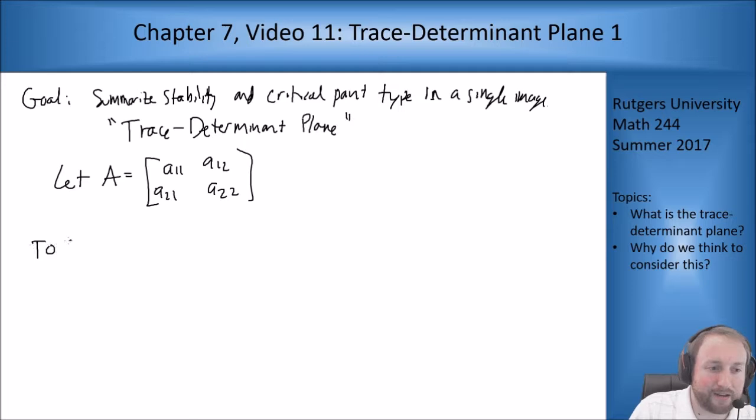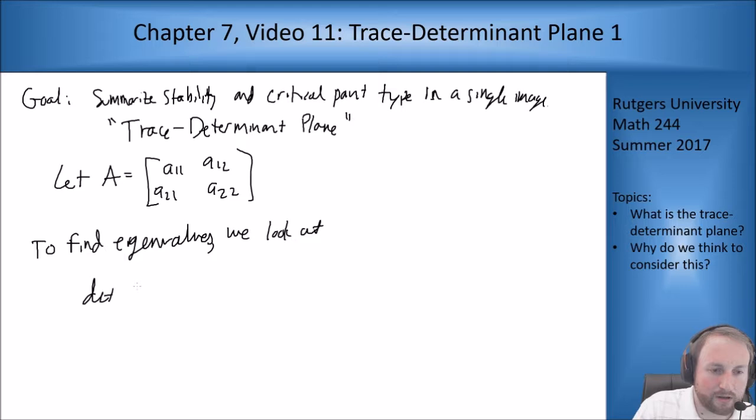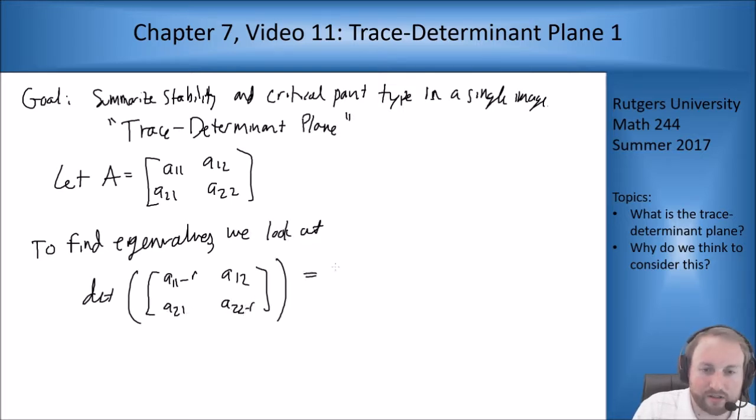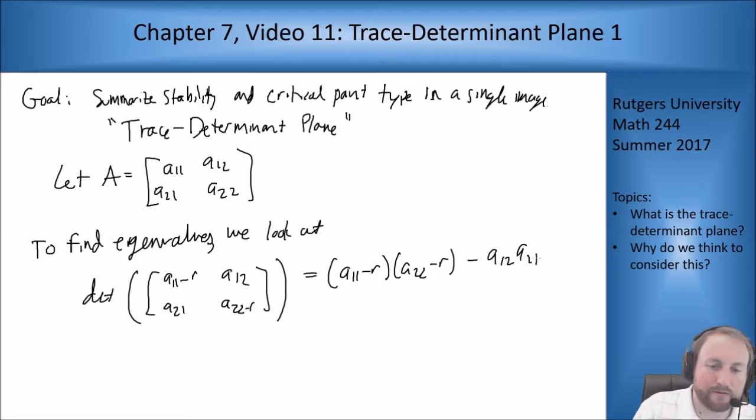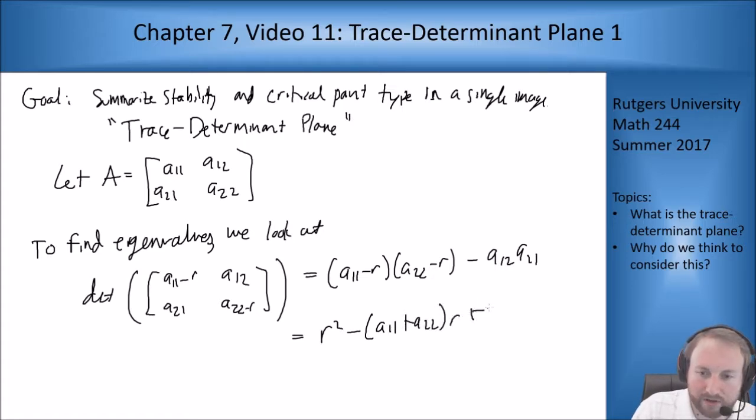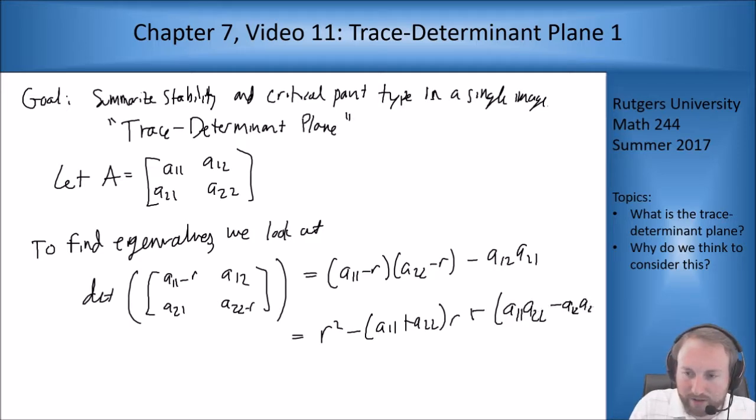To find eigenvalues, we look at the determinant of A11 minus r, A12, A21, A22 minus r, which turns into (A11 minus r)(A22 minus r) minus A12 A21, which is r squared minus (A11 plus A22) r, plus A11 A22 minus A12 A21.